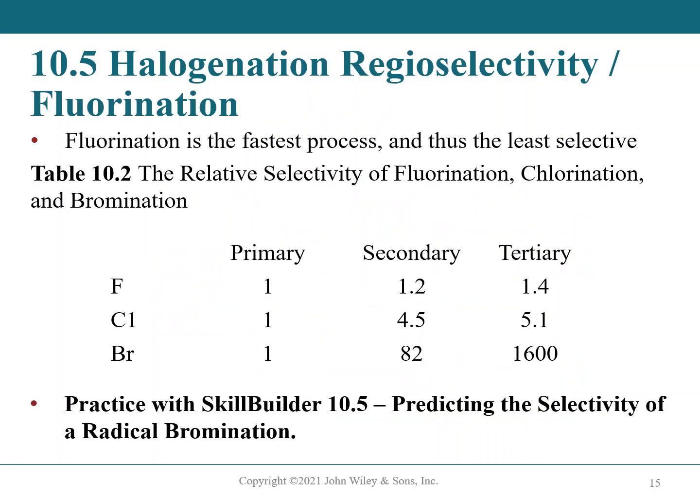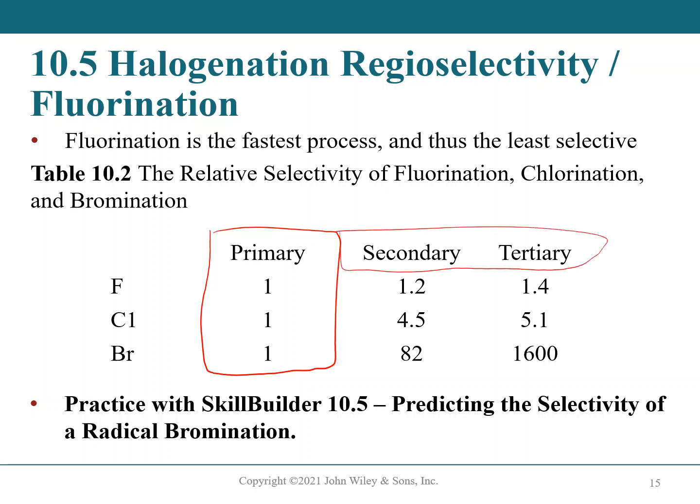You can see here, in this process, we set arbitrarily the primary carbon reaction equal to 1 and compare the secondary and the tertiary to that primary. With fluorine, remember we talked about fluorine being a violently reactive reaction. The secondary is only 1.2 times more selective and tertiary 1.4 times more selective.